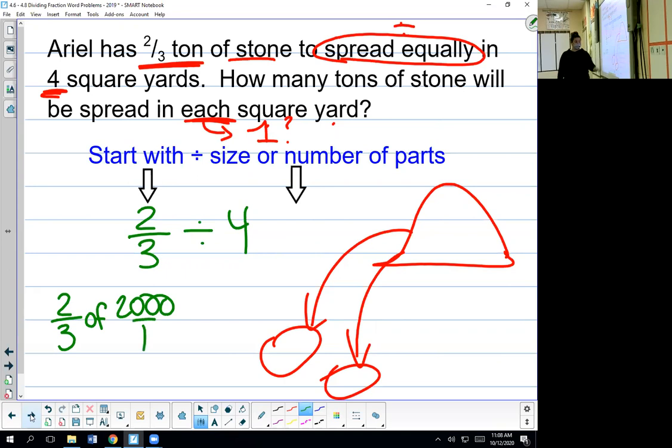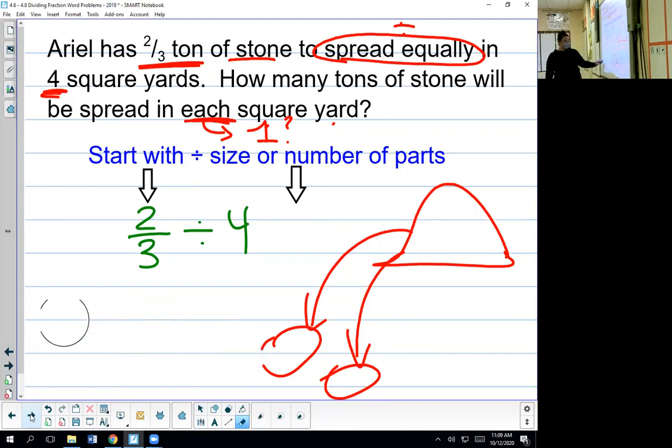That's multiplied, right? That's 4,000 over 3, which would put you at roughly 1,333 pounds. That's a lot, right?